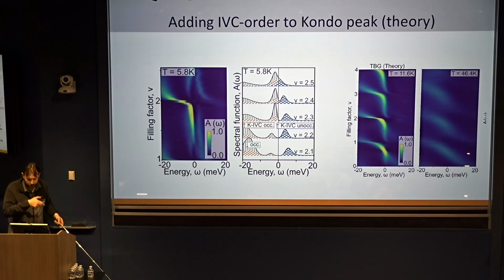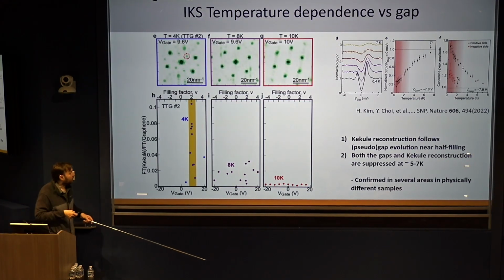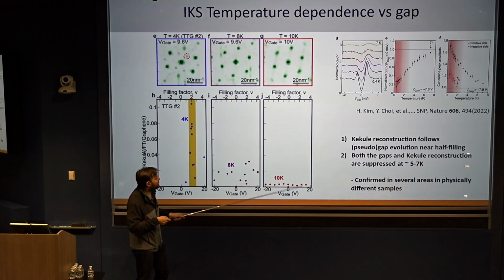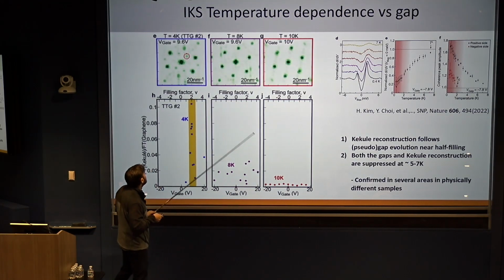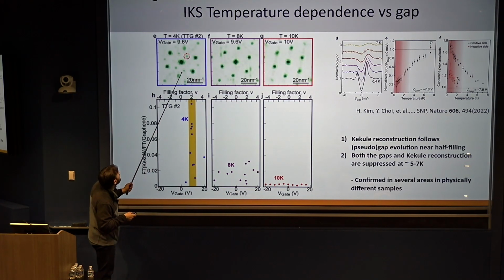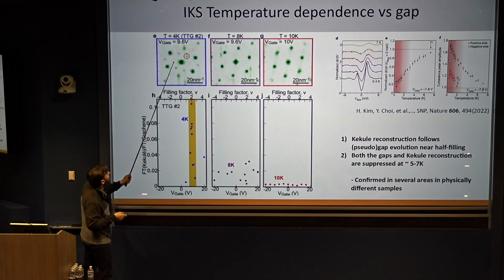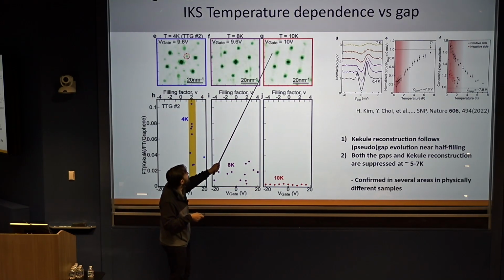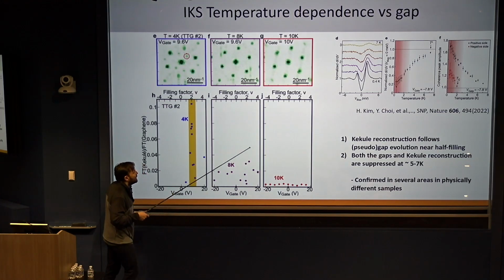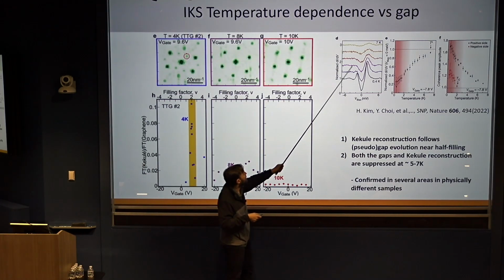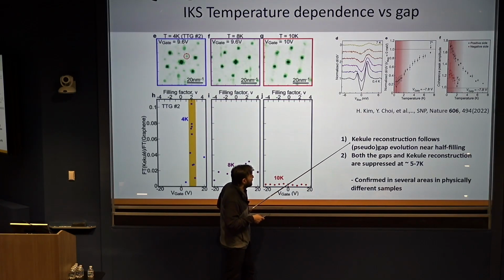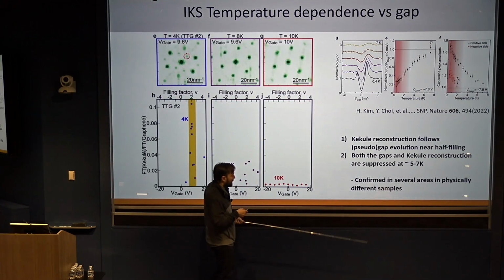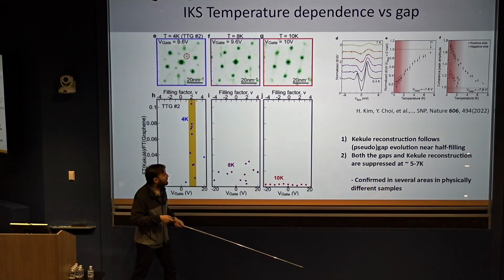And now I just want to reiterate this thing that I was mentioning. Both this, let's say, spectral reconstruction, if you plot it as a function of temperature, and this gap as a function of temperature, they both disappear at roughly the same temperature scale.